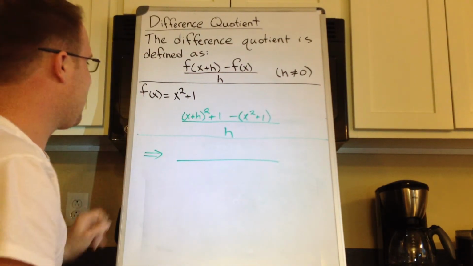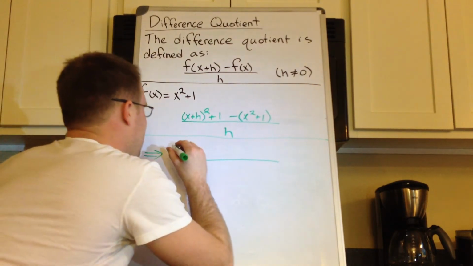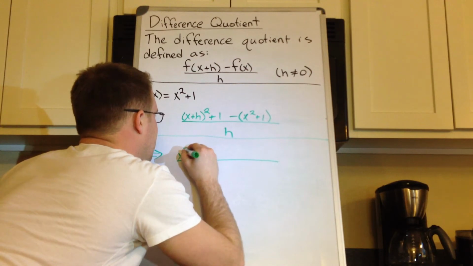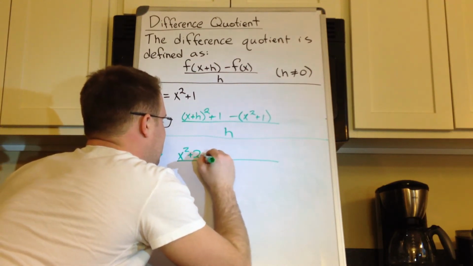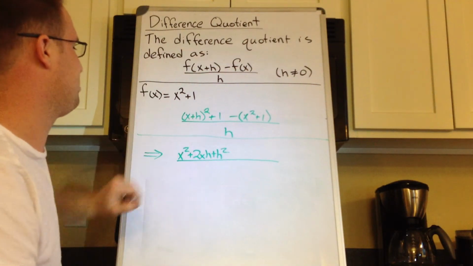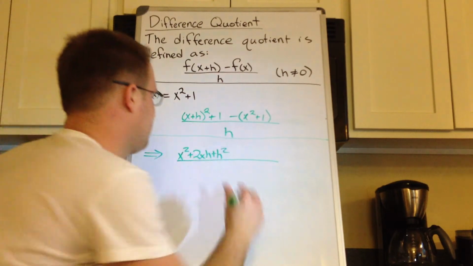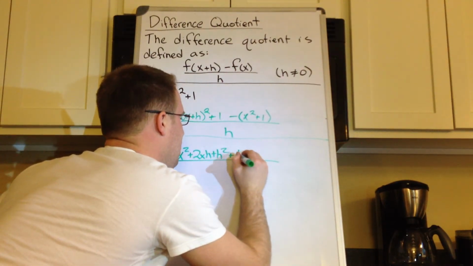Alright, x plus h squared, if you do it by yourself at home, you're going to end up with x squared plus 2xh plus h squared. I just foiled x plus h times x plus h. So that is this, and then we're going to have plus 1.